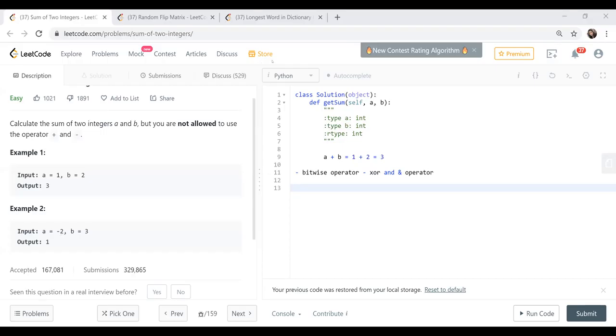Does anyone have any doubt or want to discuss any other approach? Let me share my screen. It will take negatives as well, because in the question we have negatives as well, like -2 and 3.